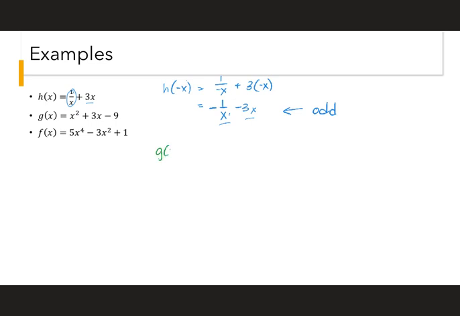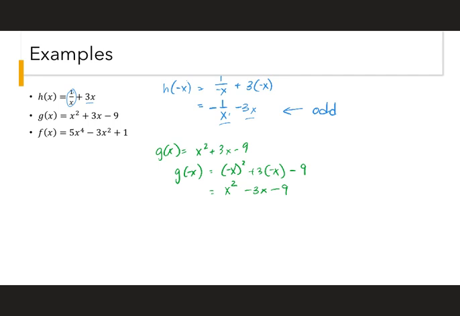g of x is x squared plus 3x minus 9. So we're going to plug in a negative x. So g of negative x is negative x squared plus 3 times negative x minus 9, because there's nothing to plug in on that spot. Negative x squared would be negative x times negative x, which is going to be positive x squared. 3 times minus x is going to be a minus 3x minus 9.